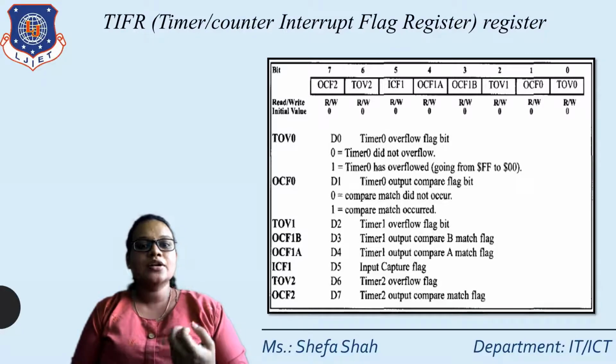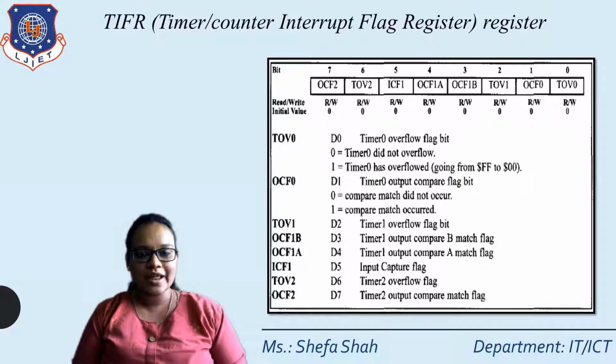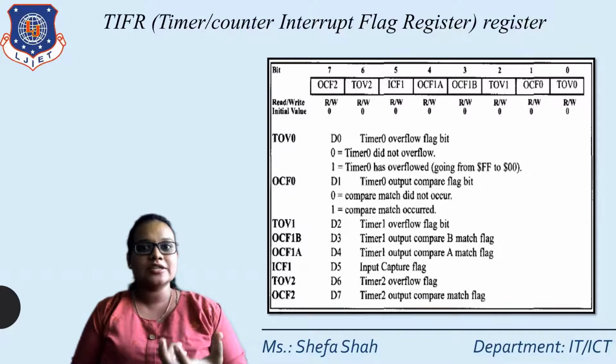Similarly, the next bit is for timer 1, that is the TOV1 flag, the timer overflow flag for timer 1. As we have discussed, timer 1 is 16-bit, so it is divided into 8-bit chunks: TCCR1, TCNT1L and TCNT1H. These will be compared with the two OCR registers, OCR1A and OCR1B.